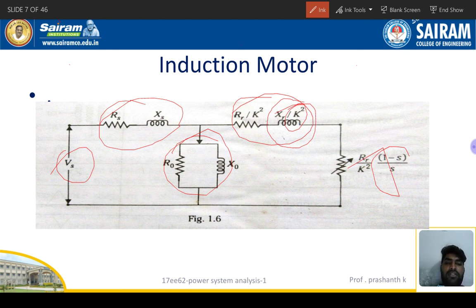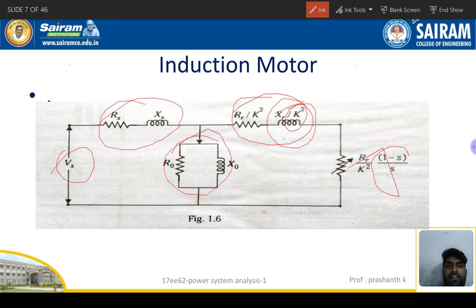Similar turns ratio, K is equal to N2 by N1, and V2 by V1. V2 is the induced voltage in the secondary, V1 is the primary supply voltage, N2 is the secondary turns, and N1 is the stator field winding turns, right?